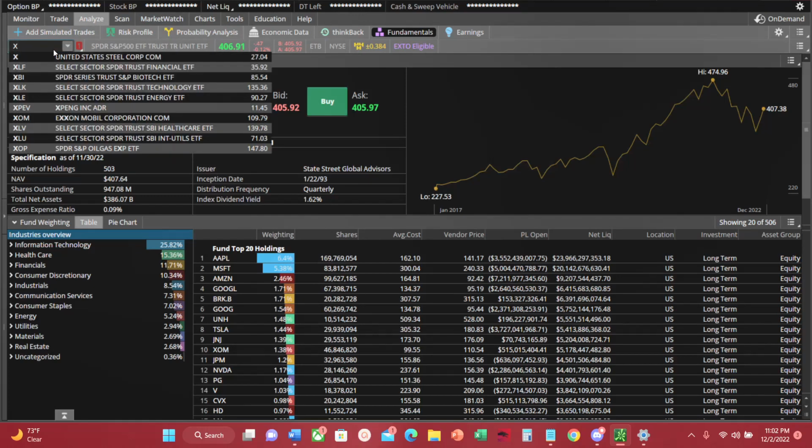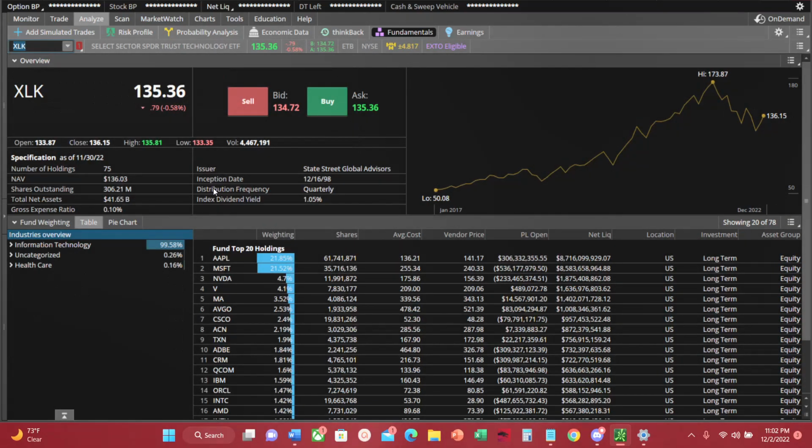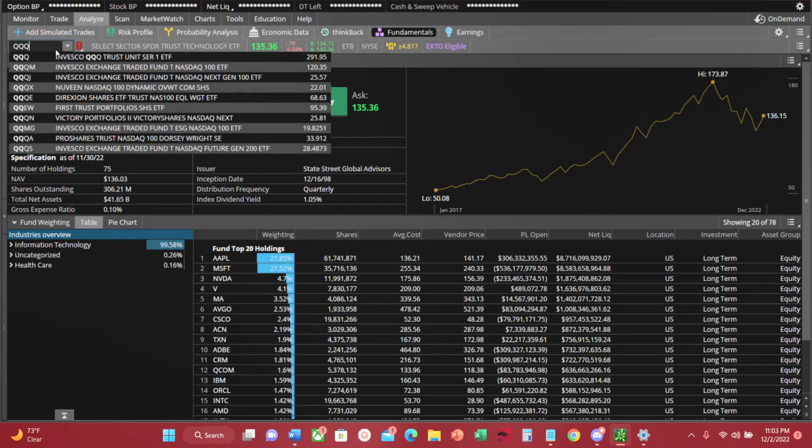The tech sector of SPY also has a fund for tech, the Technology Select Sector SPDR ETF, XLK. And you can see Nvidia's number 3 on that one. So that's where I get that number 3 from on QQQ. I don't know if it's exact or not. I just know it is for XLK. It won't let me pull up the QQQ holdings.